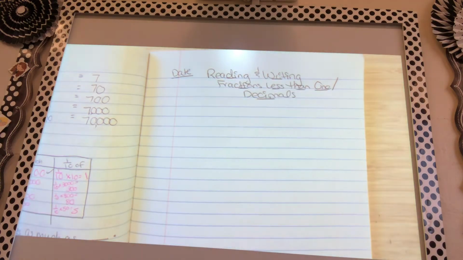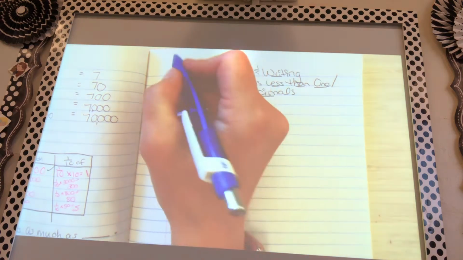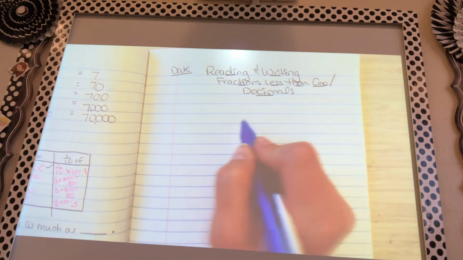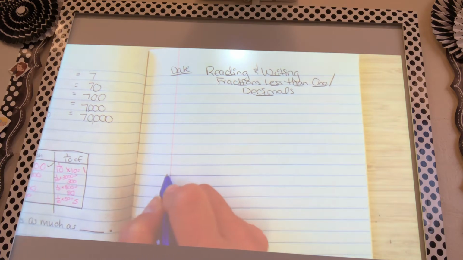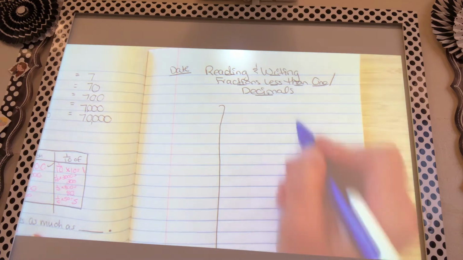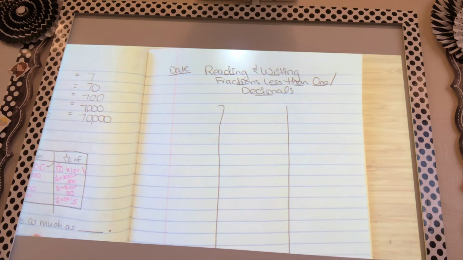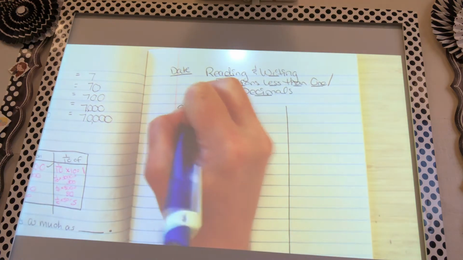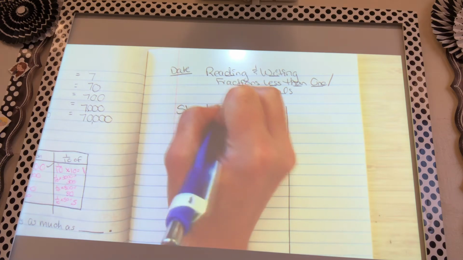So we already did reading and writing with whole numbers, but right now we're looking for numbers that are less than 1. So I'm going to just separate my paper into 3 columns. I'm going to start in the first column with standard.